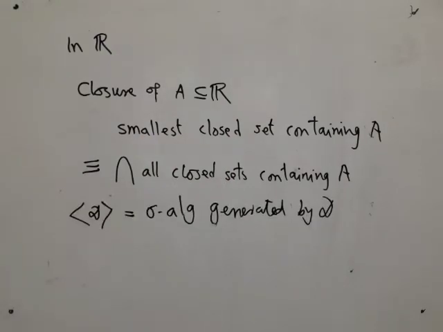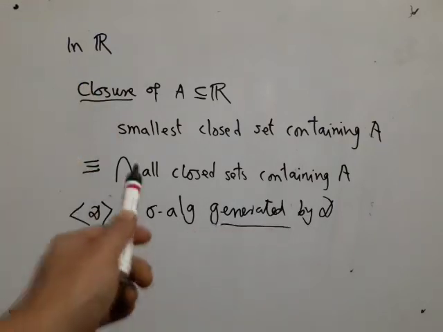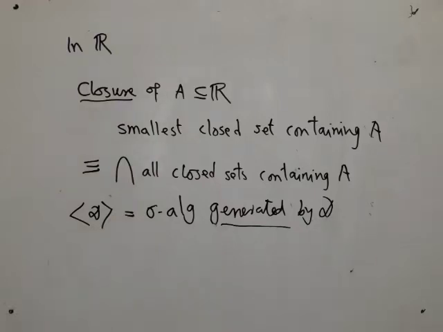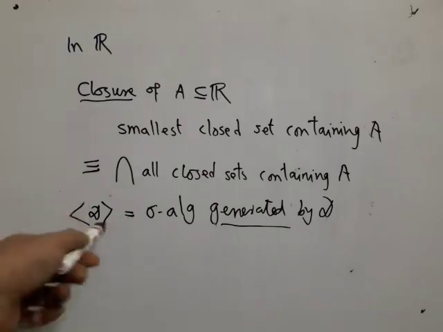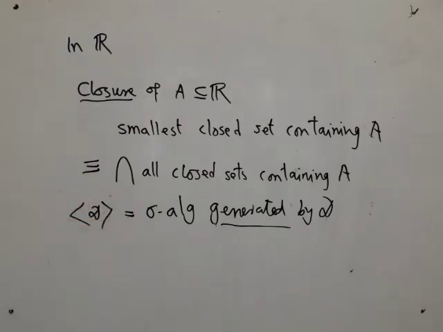So just as we had a special term closure, here we have the term generated. The smallest sigma algebra containing any given collection script D is called the sigma algebra generated by script D, and there are various notations. We shall use this angle bracket notation. So now we are in a position to talk about the demand-based construction. This is precisely what I call the demand-based construction.